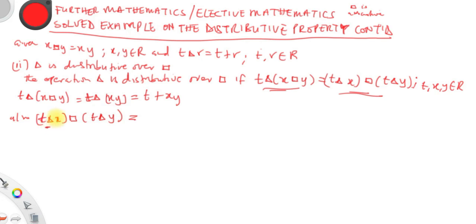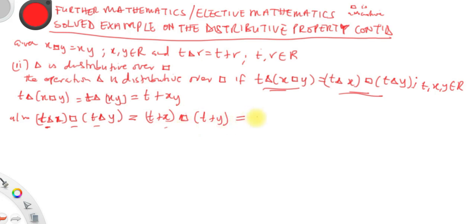Since t triangle r is equal to t plus r, it means that t triangle x will be equal to t plus x. Then bring the operation, we have the square. Then to bracket t triangle y, that one is t plus y.